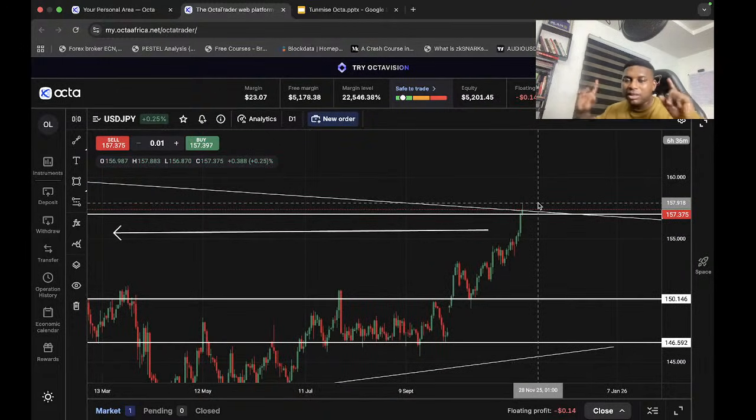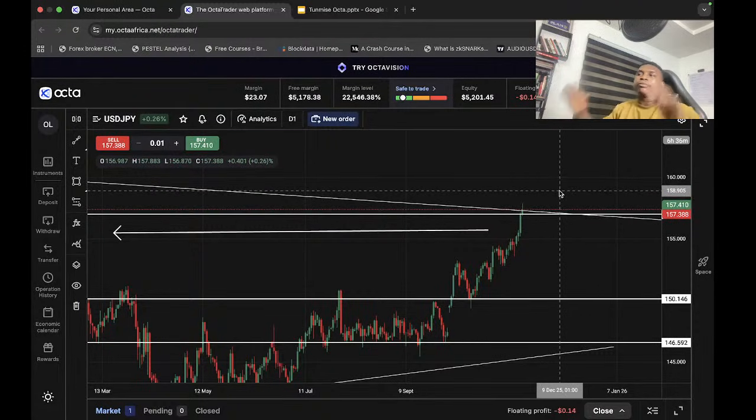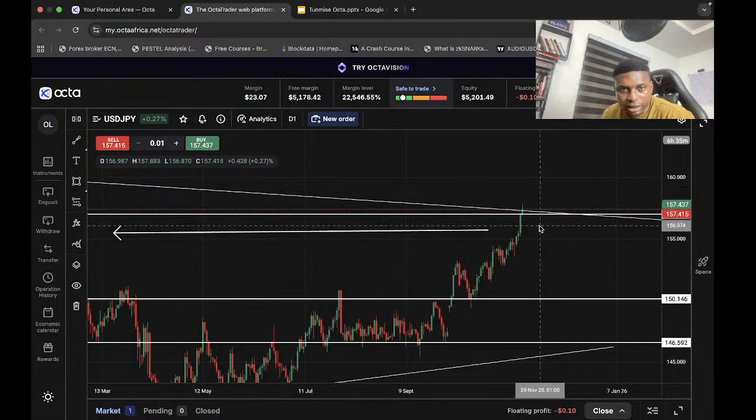It's telling us just one thing, that there would be a reversal in price. So from the daily time frame, I can see active selling happening very soon in the market.